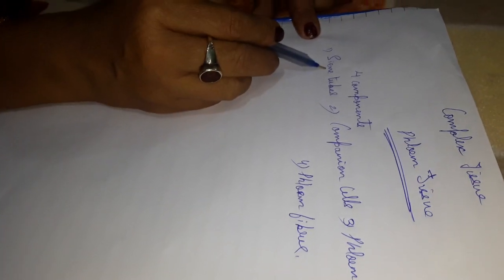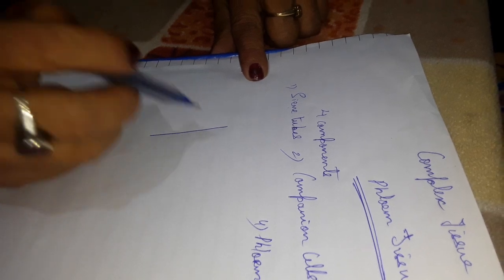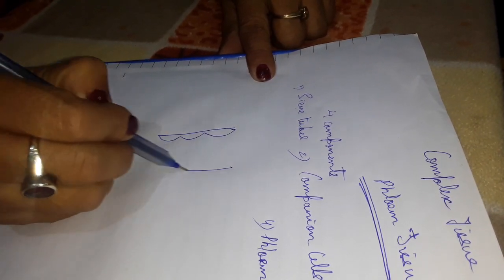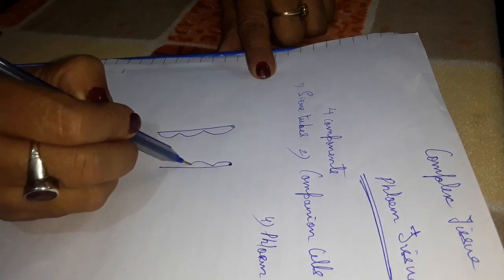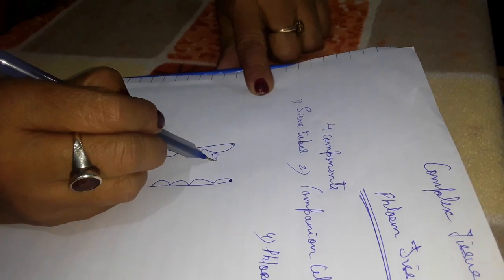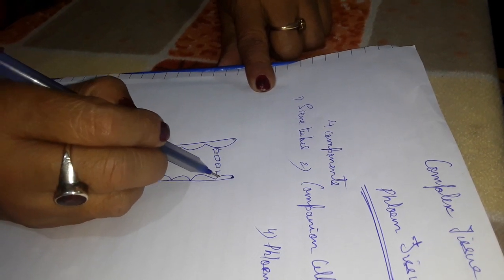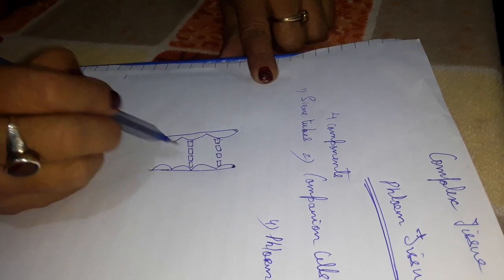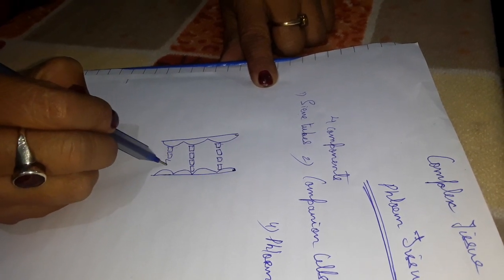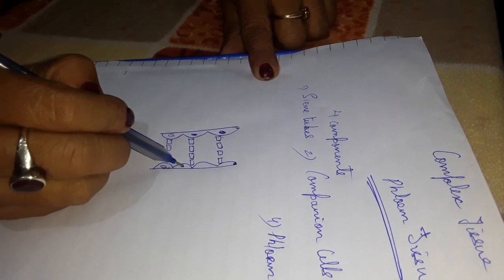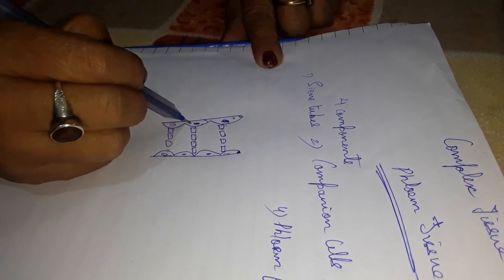Now sieve tubes are without any nucleus. They have numerous perforations and are arranged obliquely. Closely associated with them are the companion cells with a prominent nucleus and cytoplasm.